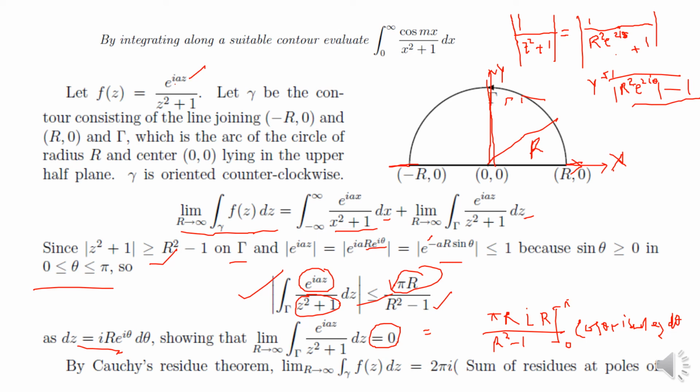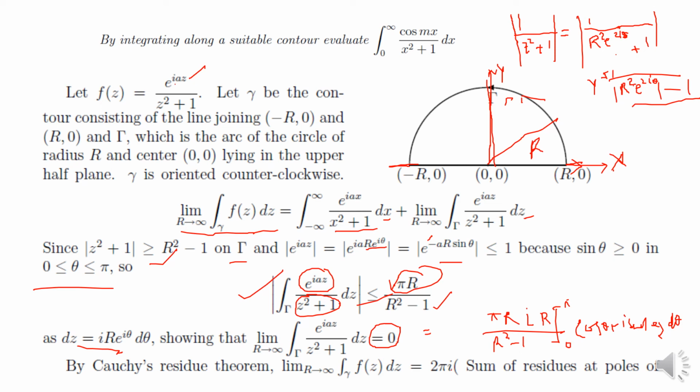Now if you integrate it, you will see that the integration of cos theta is sin theta, and when we put the limit, sin pi minus sin 0, that becomes 0.